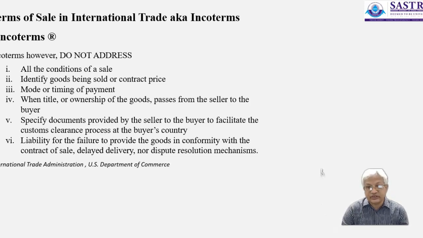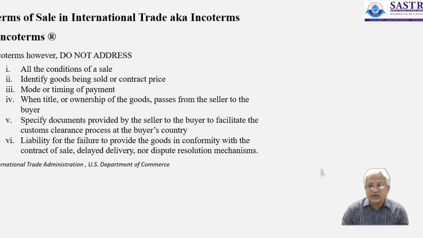Incoterms doesn't address these issues. It does not identify what sort of goods are sold, what is the price for that particular goods, whether it is in meters, yards, kilos, pieces. No, it doesn't address that.